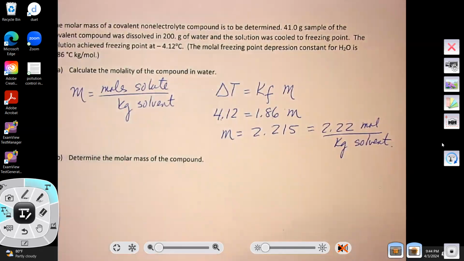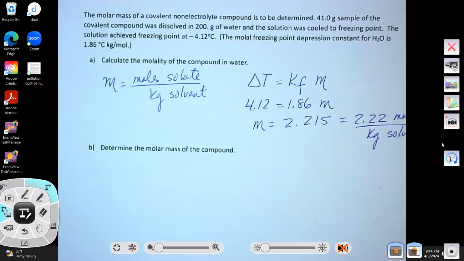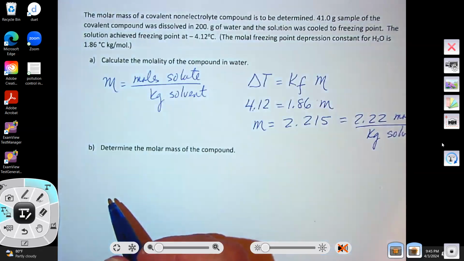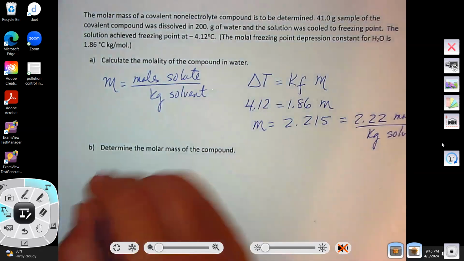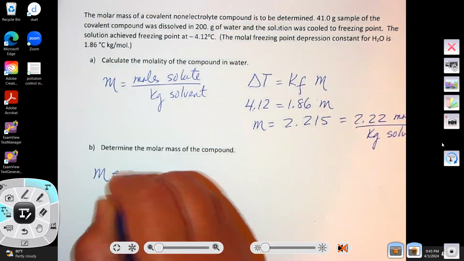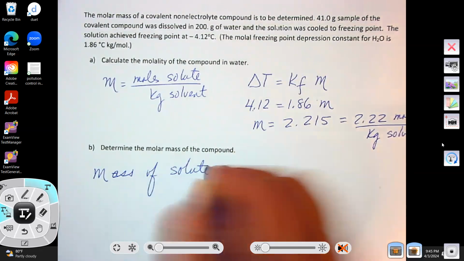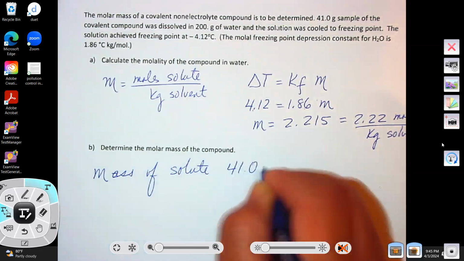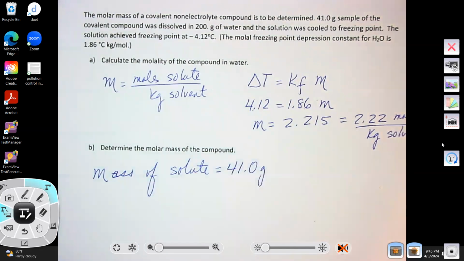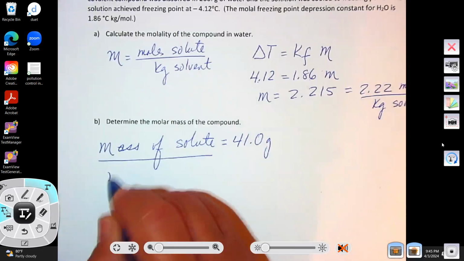Now the question is asking to determine the molar mass of the compound. So let's see what we have. The mass of the solute given in the problem is 41.0. In order to get the molar mass, we need to divide the mass by the number of moles.